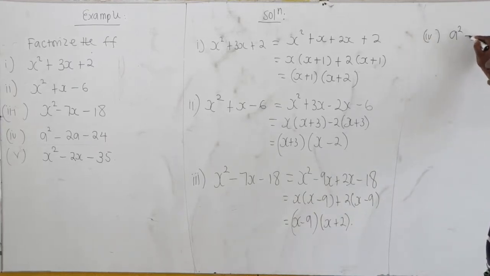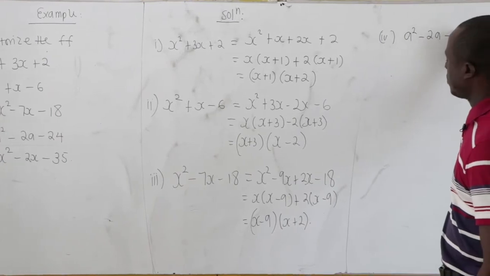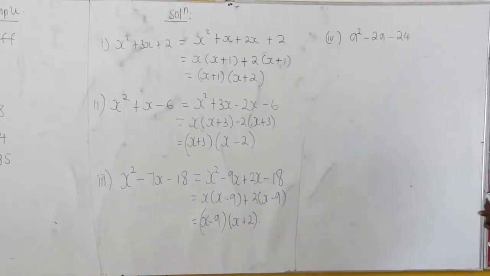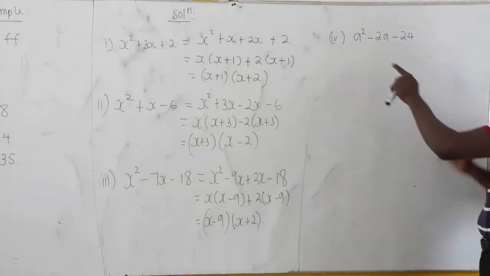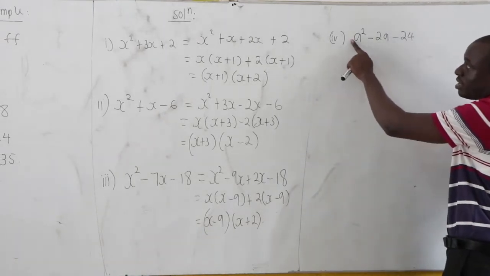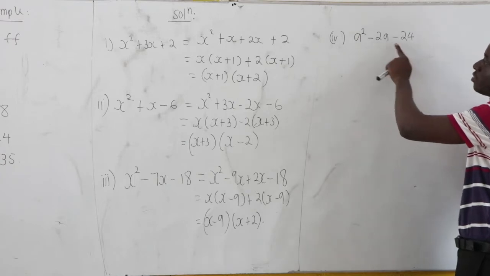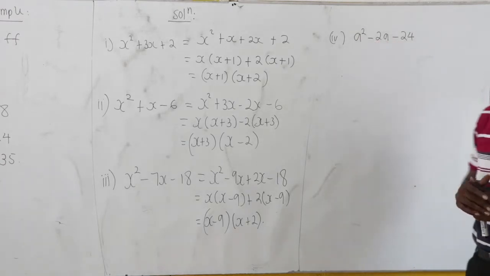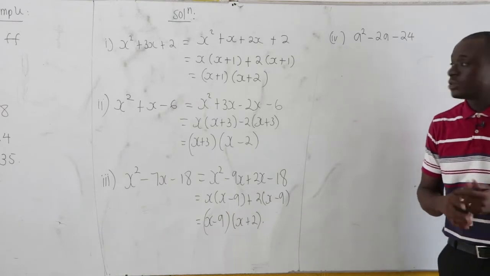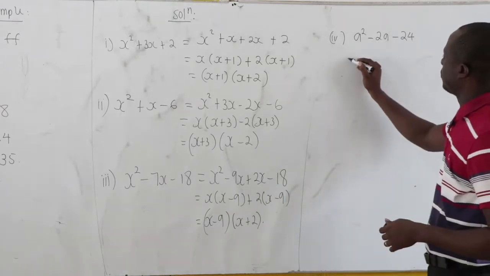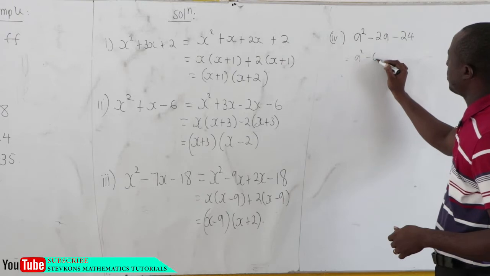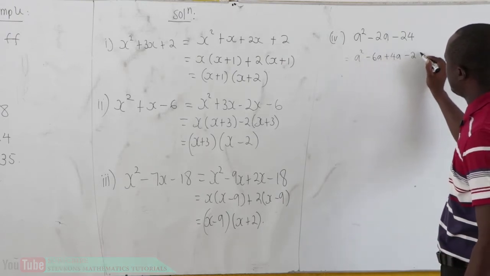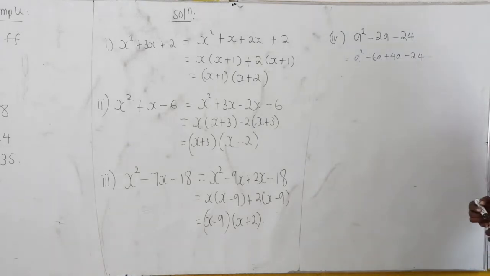We have a squared minus 2a minus 24. So two numbers, when we multiply, you see this is case 1, the coefficient of a squared is 1. So when you get negative 24 on multiplying, when you add, you get negative 2. And clearly, that is negative 6 and positive 4. So we have a squared minus 6a plus 4a minus 24.